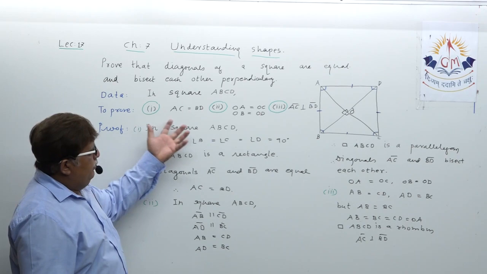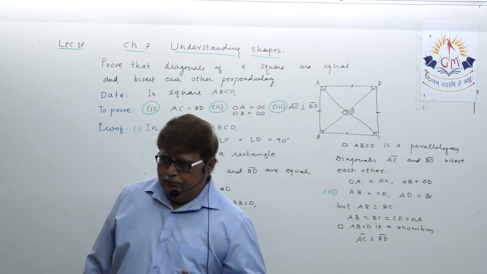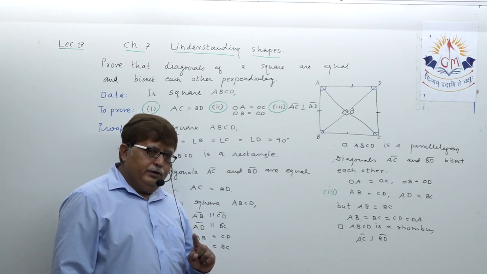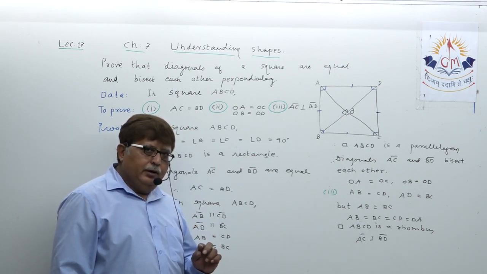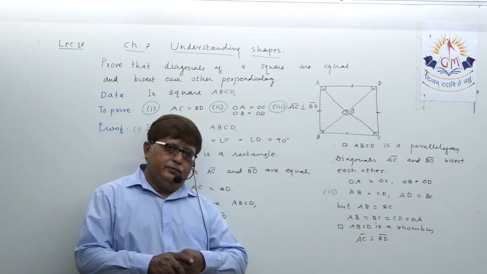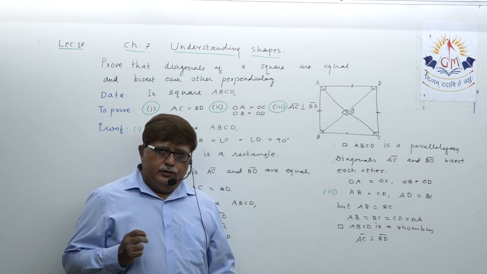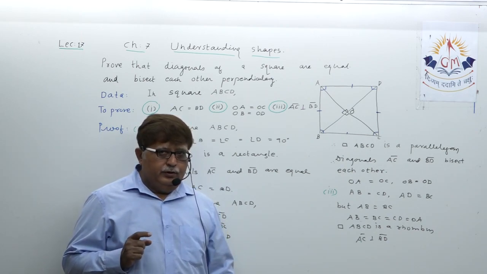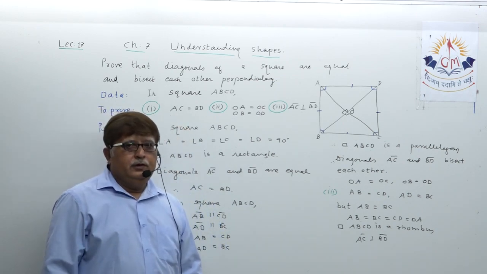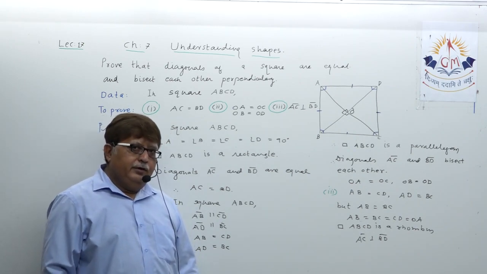So dear student, one of the important properties of a square, what is that? Diagonals of a square are equal and bisect each other perpendicularly. Understood? So this way, one of the important properties of a square has been proved here. You understood this? Is it clear in your mind? Right, dear student?